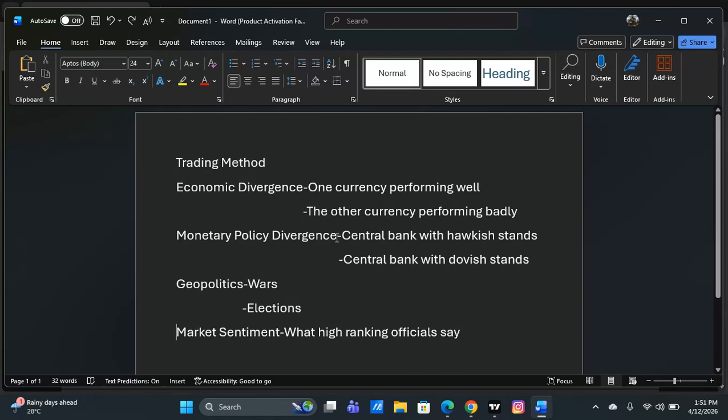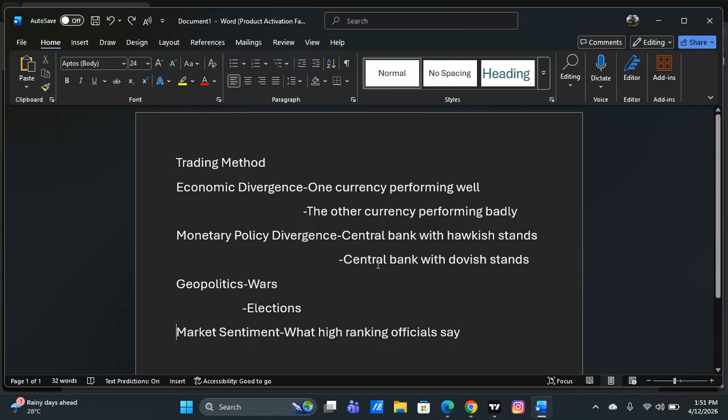So the trading style is called position trading, and in monetary policy divergence, you are looking for one central bank having a hawkish stance, and you want the other central bank to have a dovish stance, and that involves one central bank beginning to hike rates and the other central bank not even mentioning interest rates.